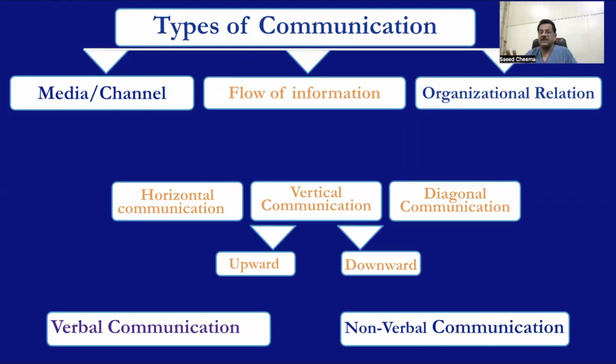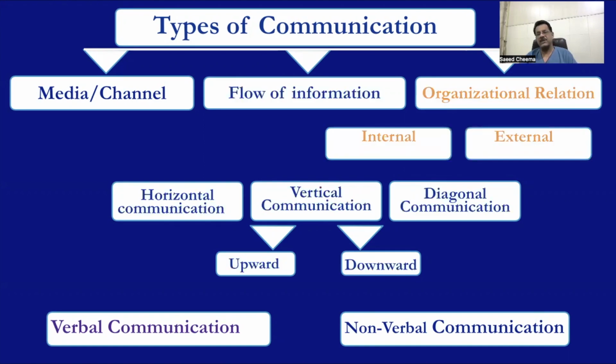And as we can see, both of these communications have their own parameters, and we are going to discuss these parameters. It may be diagonal when we are involving both the horizontal and the vertical segments. And then the last type, the organizational communication, it may be internal, when the communication is only with the colleagues at the organization, or it may be that the organization is talking to its clients, to the people whom they are providing the health care.